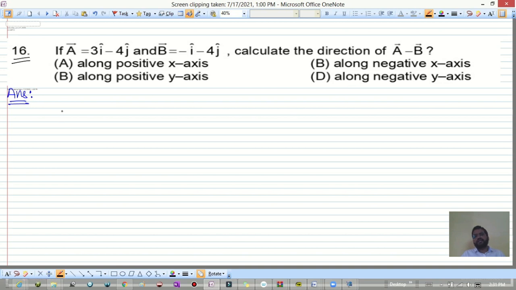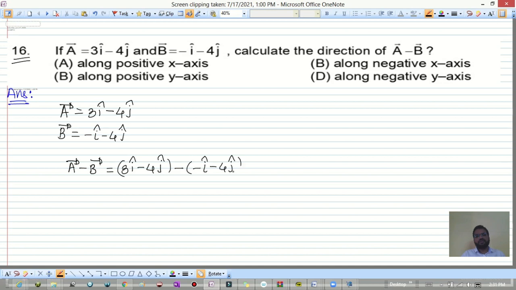So over here it is given a bar is equal to 3i hat minus 4j hat, and b bar is equal to minus i hat minus 4j hat. We want a bar minus b bar, so this will be 3i hat minus 4j hat minus of minus i hat minus 4j hat.